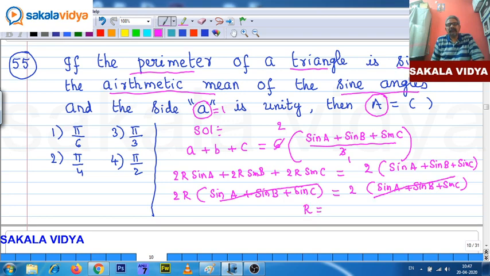That means the circumradius has been obtained, 1. Now we need to find out angle A.